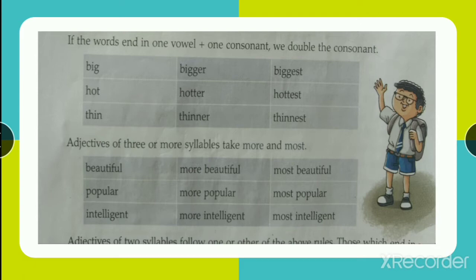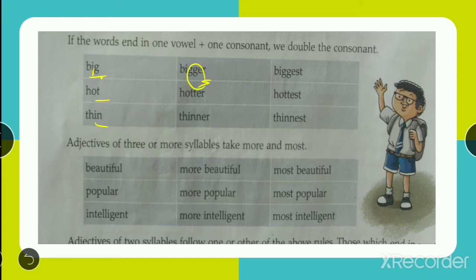Clear? So now it says if you are having vowel consonant, then what you have to do? You have to double the last letter. It means see, B-I-G, H-O-T, T-H-I-N. Now I is vowel, G is consonant. So it means you have to double the consonant.